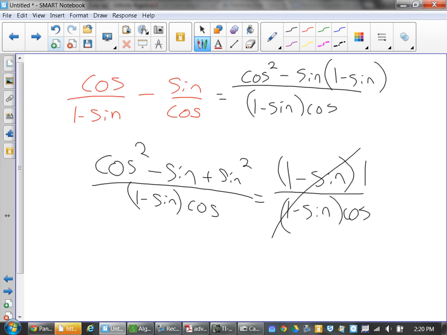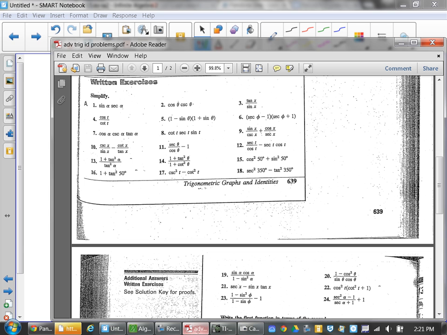And what's 1 over cosine? You seek and destroy that one. Seek and destroy. What chapter is this? 14.